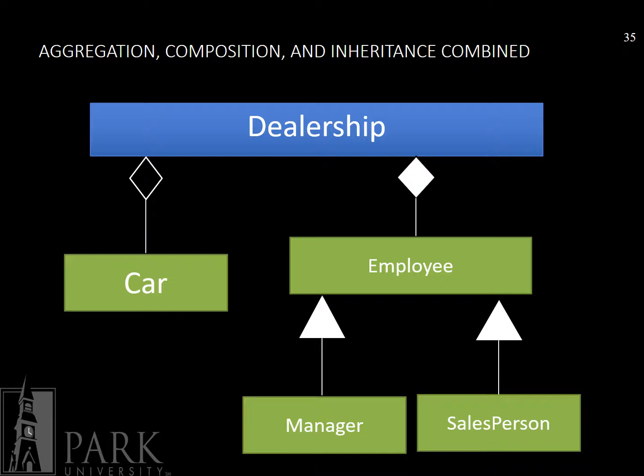Well, we could add an employee class that we can then specialize into managers and salesperson, because I'm sure that there's plenty of commonality between the manager and the salesperson, right? So we can extend employee and gain the benefit of having reduced code, and we can reuse the code because employee is a person, right?